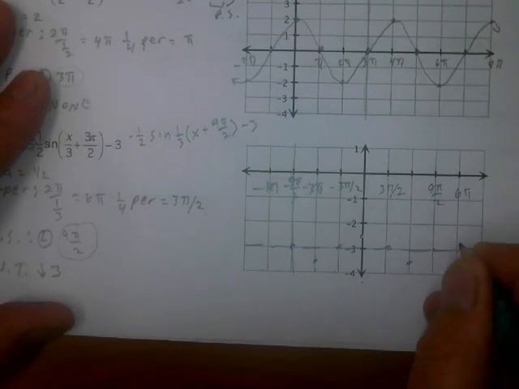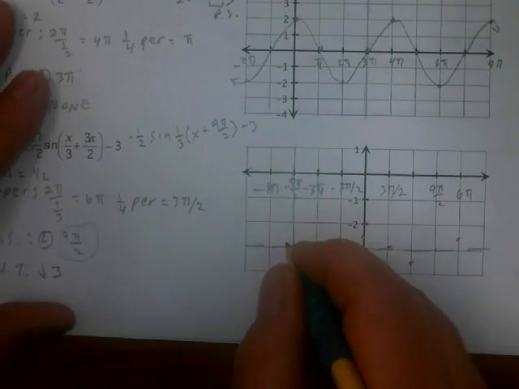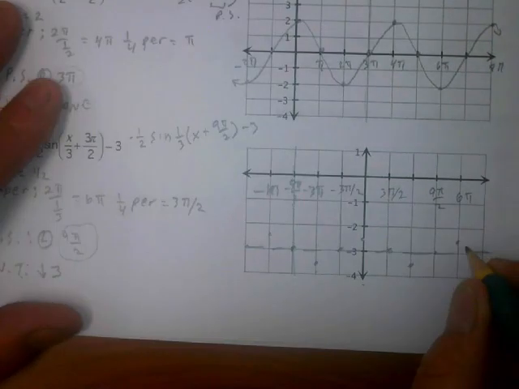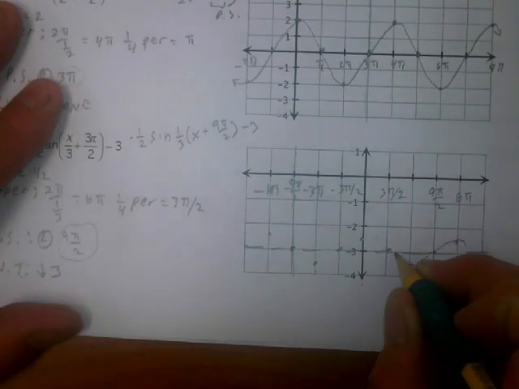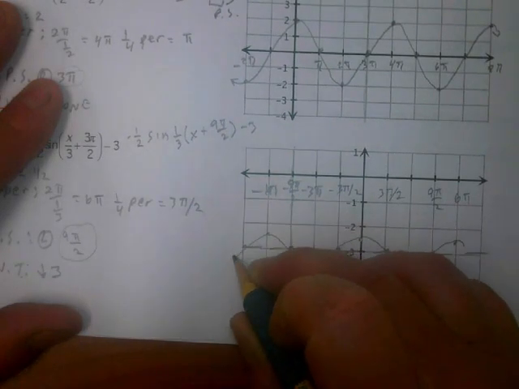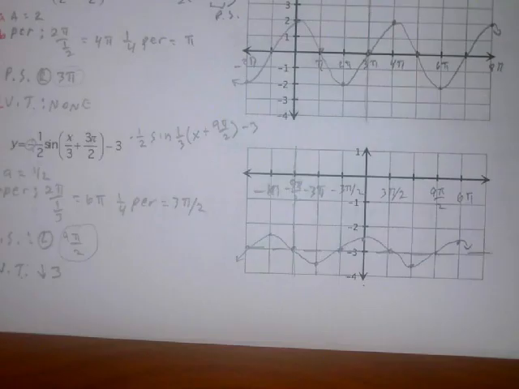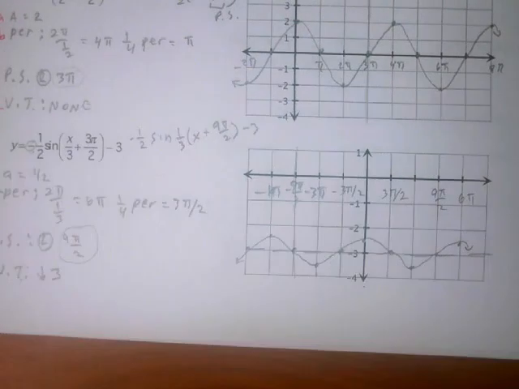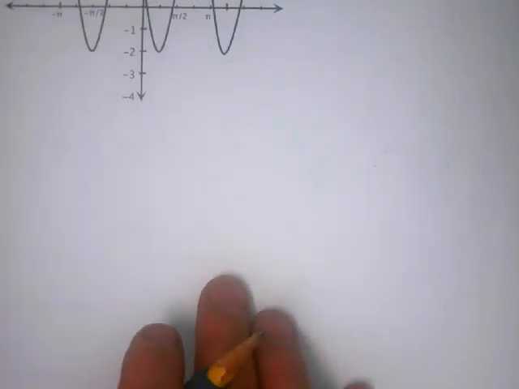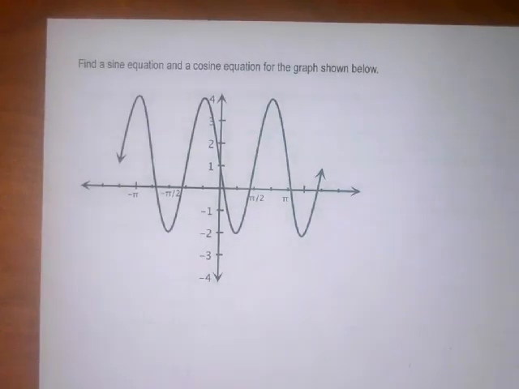The mistake is I can only go half. So that's what your curve is going to look like. Again, dotted line's your midline.